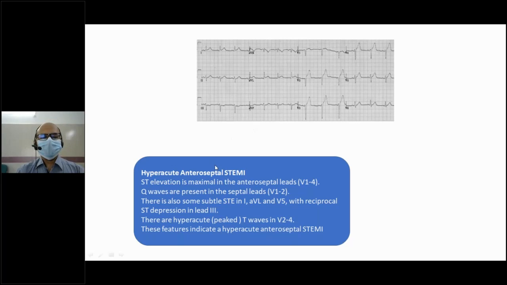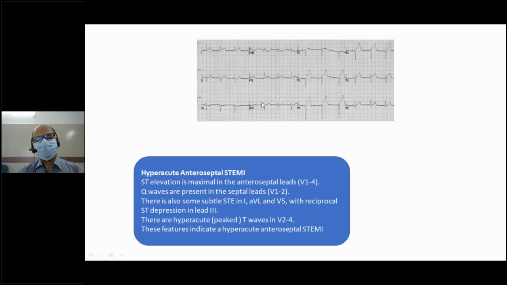So this is an ST segment elevation myocardial infarction. What are the positive findings present in this ECG? ST elevation maximal in V1 to V4, Q waves in V1 and V2, and some subtle ST elevation in 1 and AVL, with some ST elevation in 1, 2, as well as V5, with reciprocal depression in lead 3.